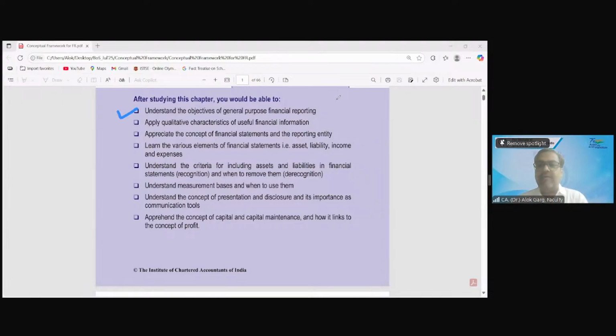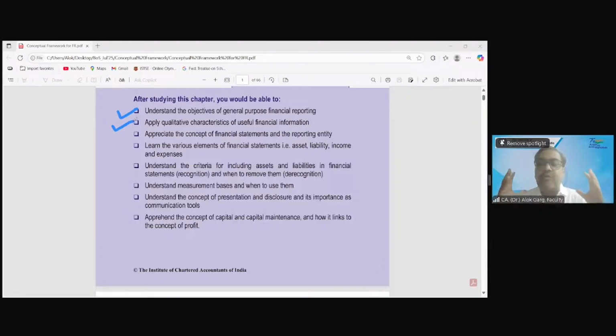This conceptual framework provides the objective of general purpose financial reporting. It also provides guidance about the qualitative characteristics of useful financial information.